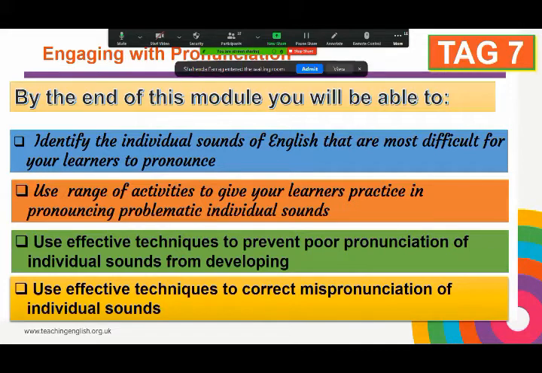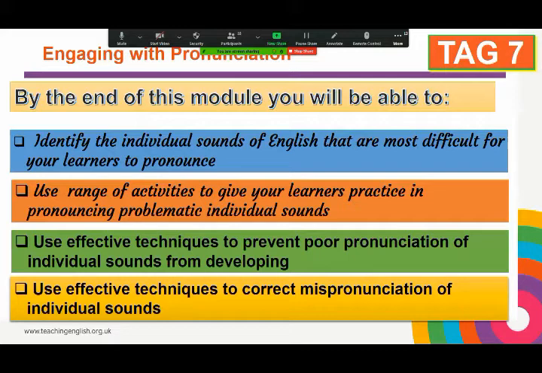Okay, so there are 4 aspects we are gonna be talking about. All of them are about pronunciation and how we can actually deal with pronunciation problems in general.